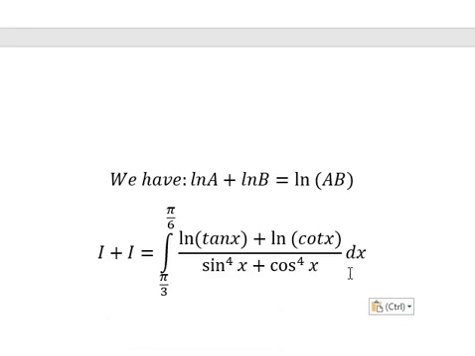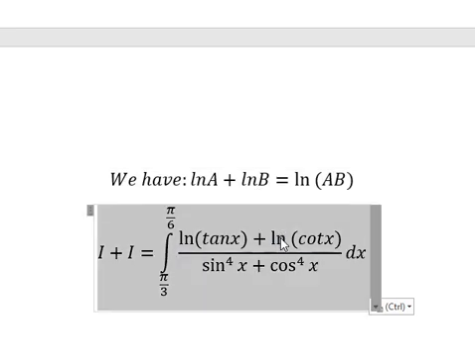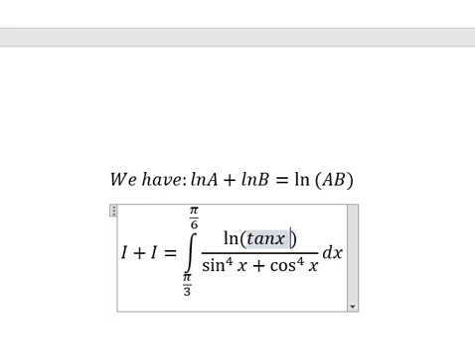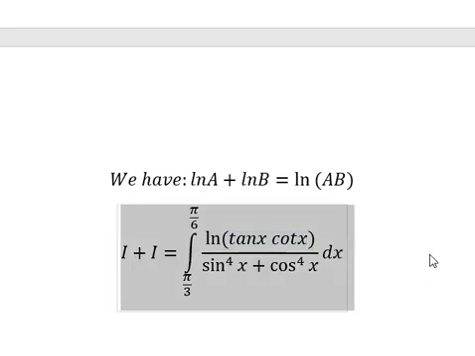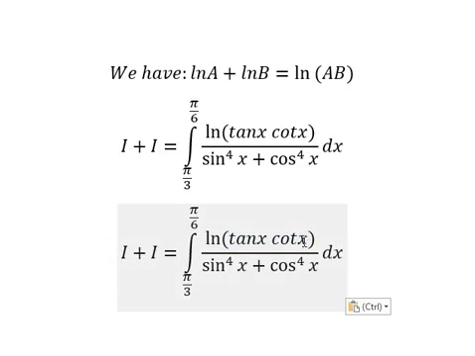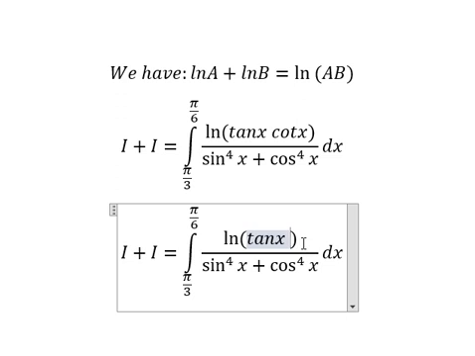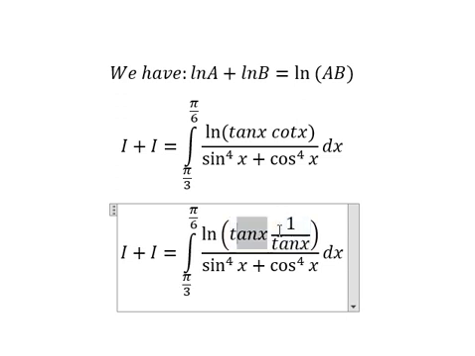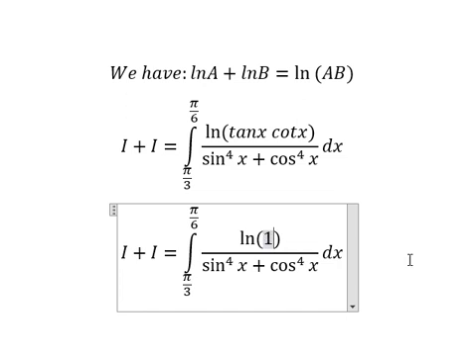So this one we can change like this. So cotangent x, that is 1 over tan x. And this one we have number 1.